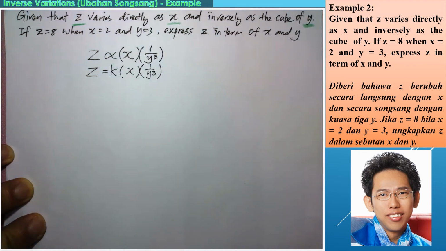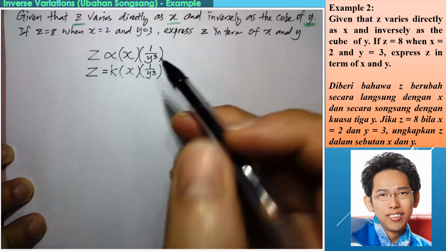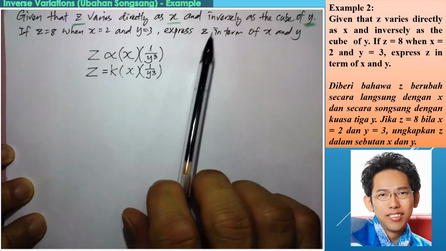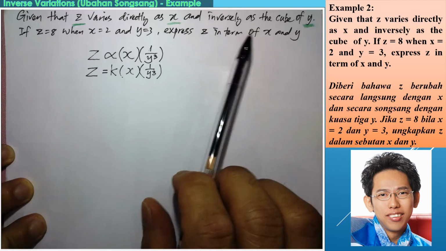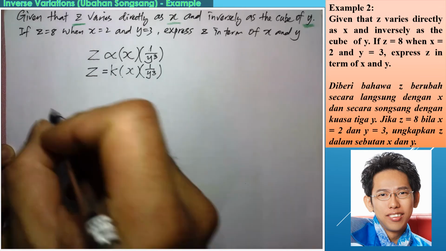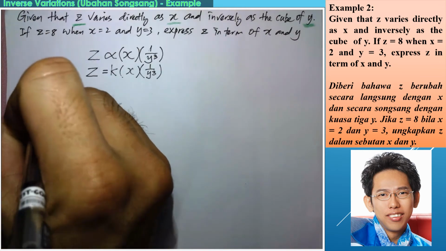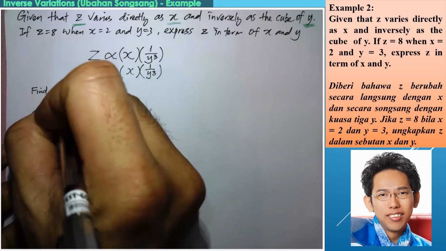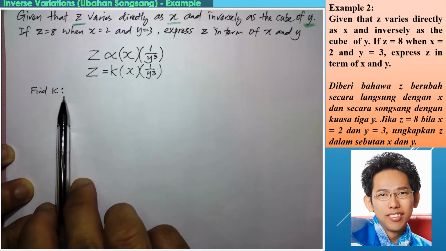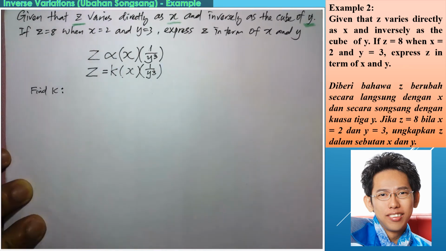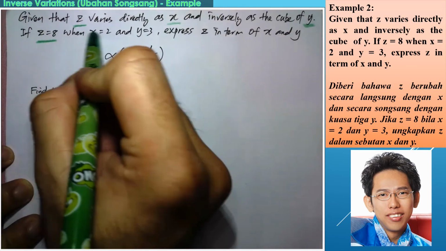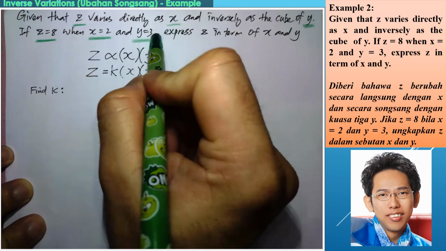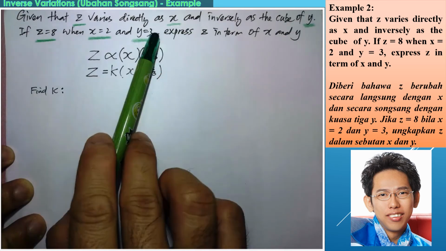Okay, so before we could express Z in terms of X and Y, we need to find the K first. So how to find the K? We use the values given, Z equals 8, X equals 2, Y equals 3, and we use these three values to replace over here.